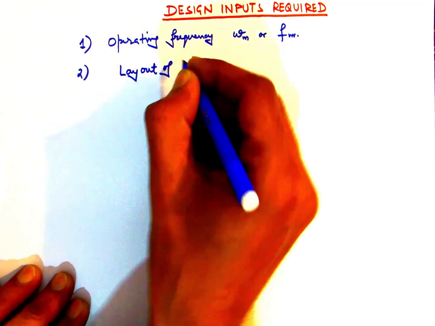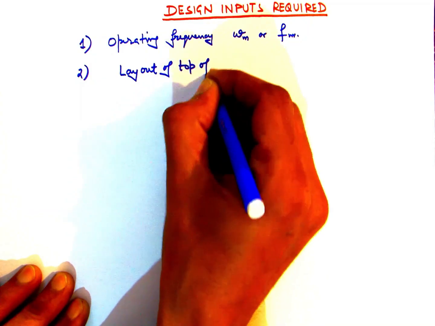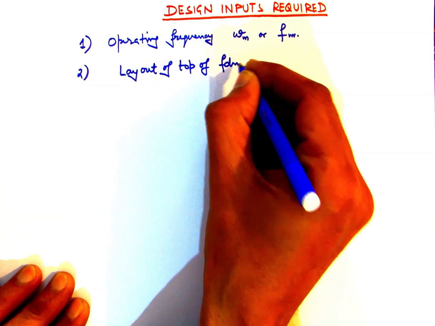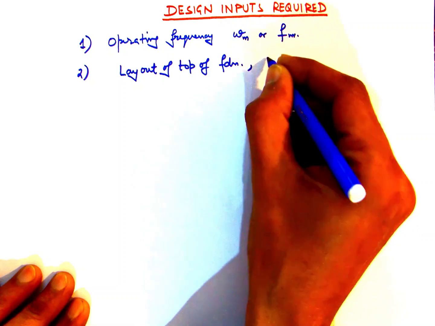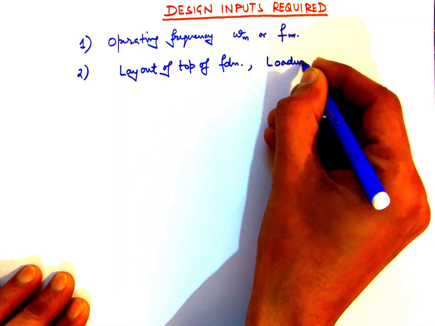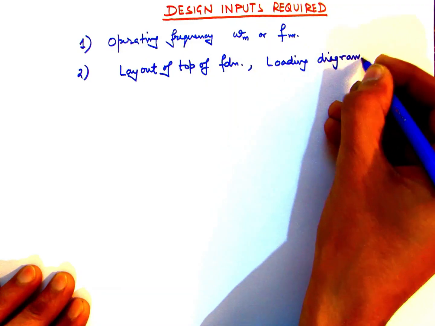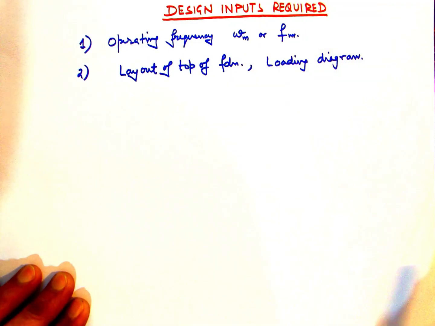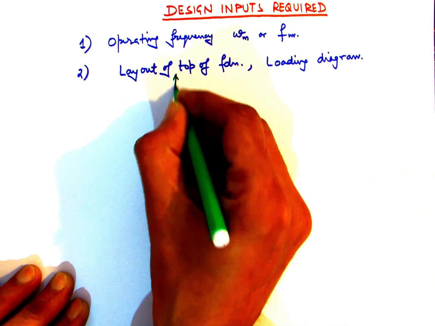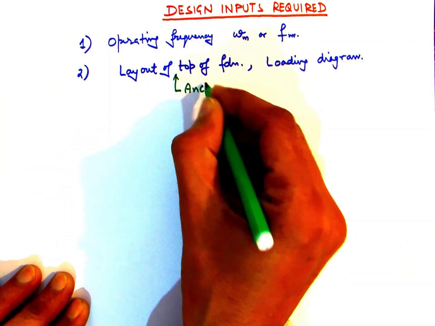Next, we also need a layout of the top of the foundation system. Often this is provided by the manufacturer. And also we need the loading diagram consisting of the locations where the forces are acting, their magnitudes and the directions.